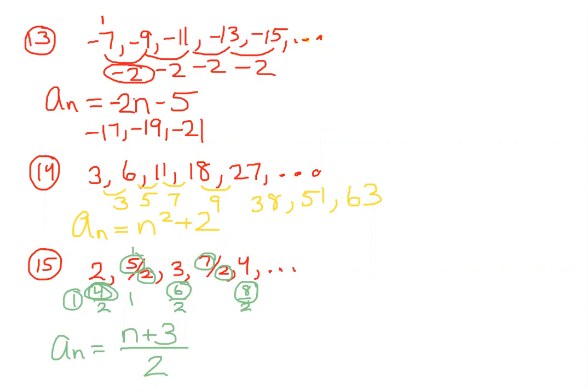And if n is 2 here, and I need a 5, I need to add 3. If n is 3 and I need a 6, I need to add 3, and so on. So this is the rule, and the next terms are 9 halves, 10 halves, which is 5, and 11 halves. And the last one, pretty easy.